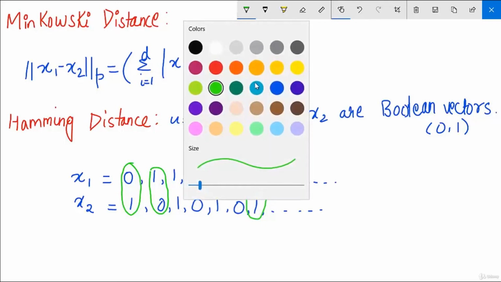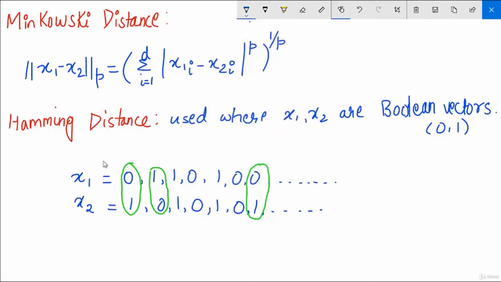So the Hamming distance for x1 and x2 is 1, 2, 3. So your Hamming distance is 3. That's it. Easy, right?